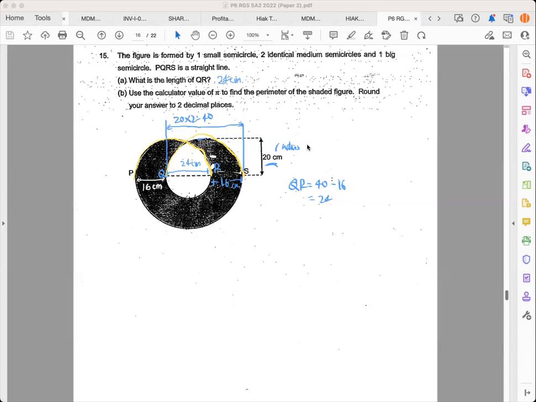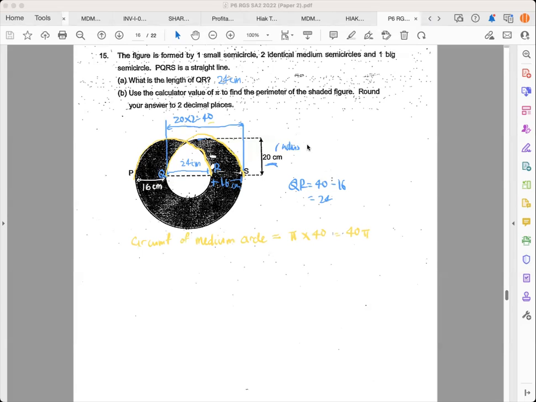And these two will add up to one full circumference of the medium circle. So let's find the circumference of a medium circle. It is equal to pi times diameter. Pi times diameter is 40. So this is 40 pi.